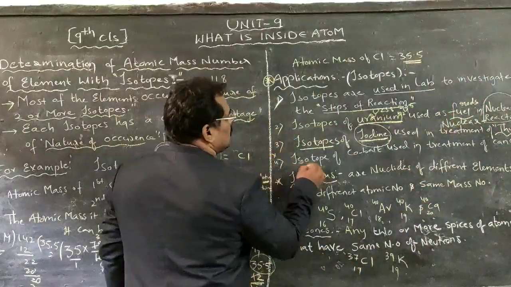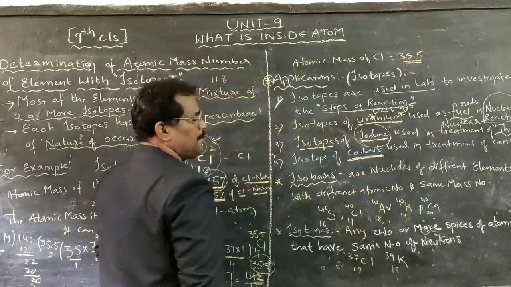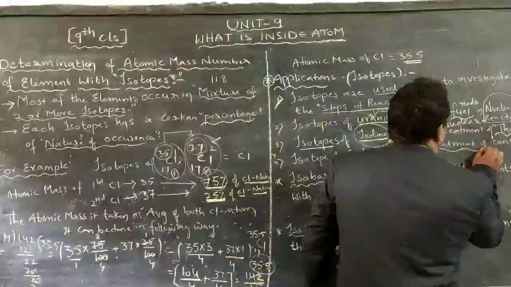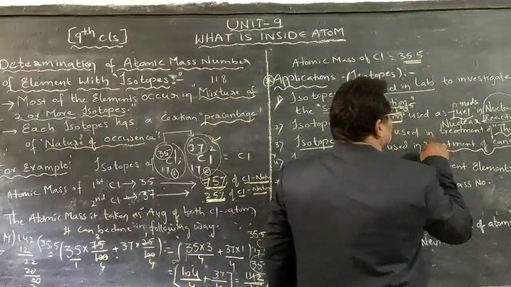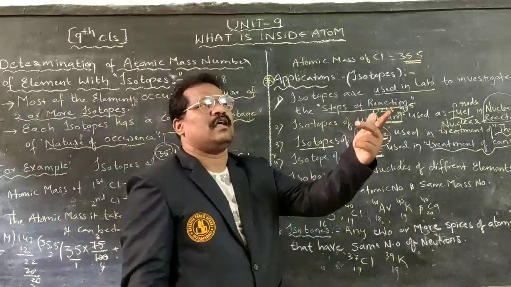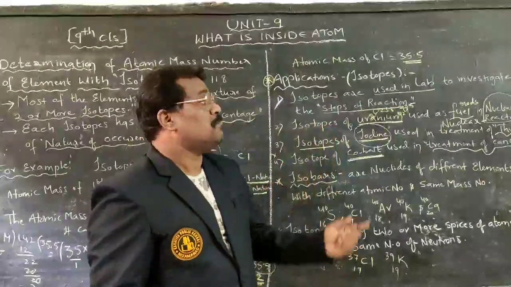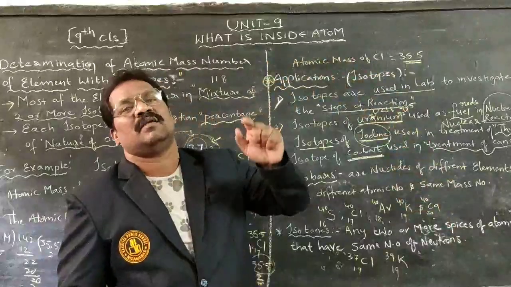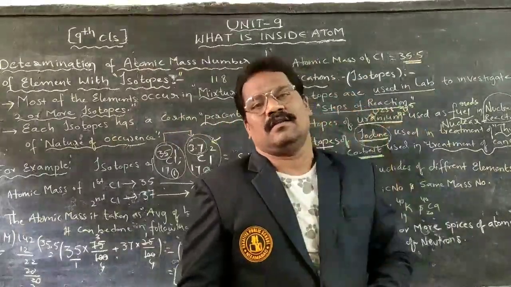Next is the isotope of cobalt. These isotopes of cobalt are useful for the treatment of cancer cells. Nowadays, if any person is suffering from cancer, they do therapy by directing isotope of cobalt rays on that particular cancer cell.